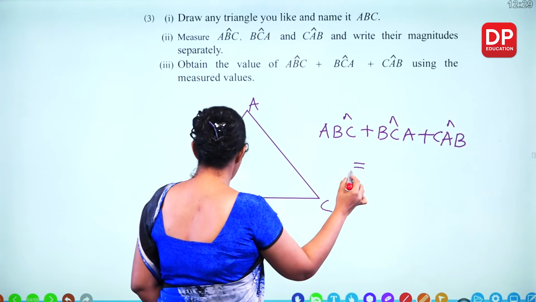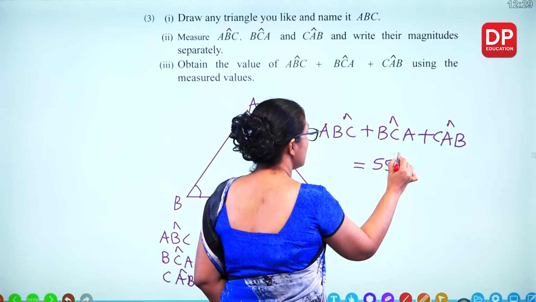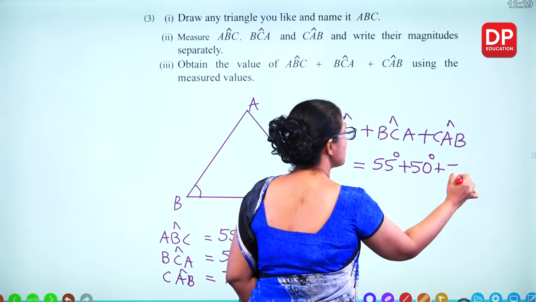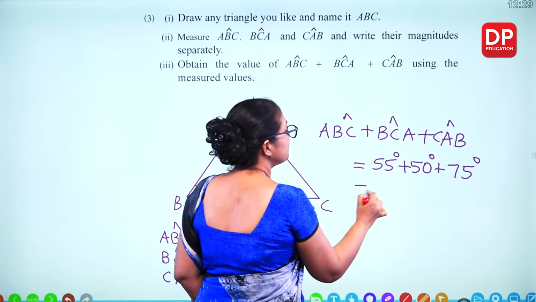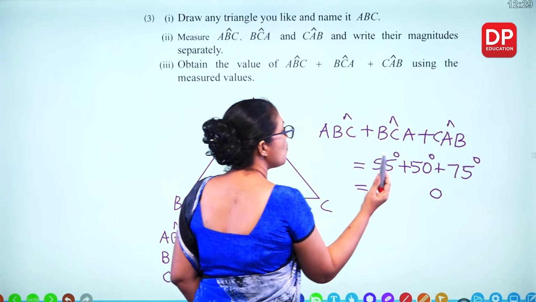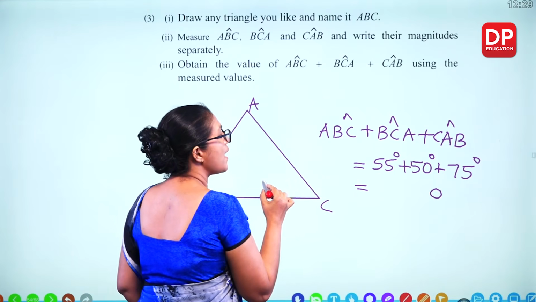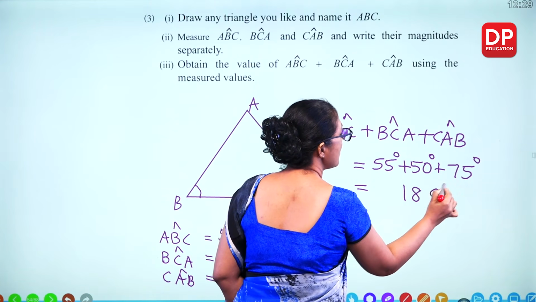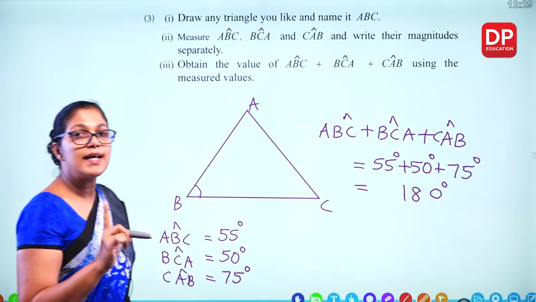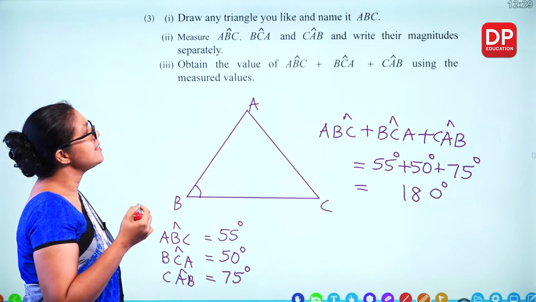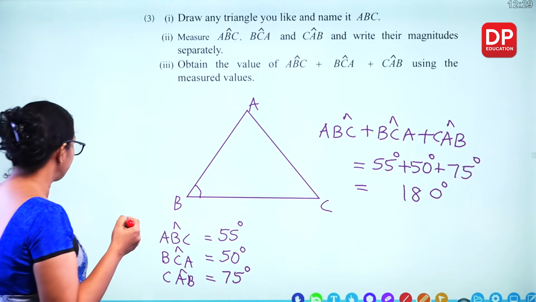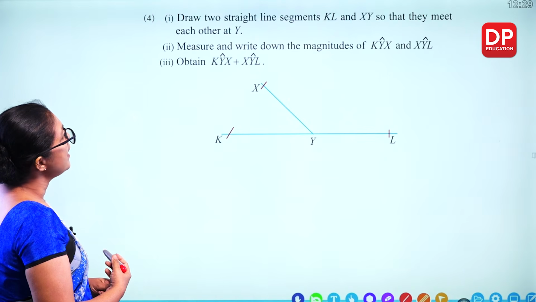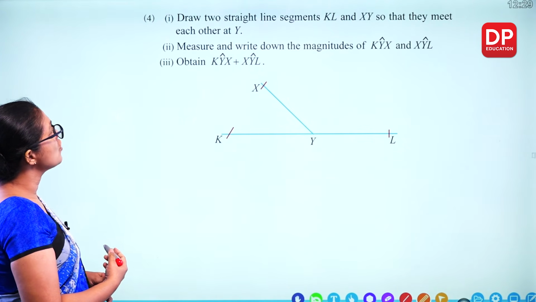I'm getting 55 plus 50 plus 75. 5 and 5, 10, 1 remaining. 8 plus 5, 13, 13 plus 5, 18, 180. The sum of angles in a triangle is 180. So that's correct.